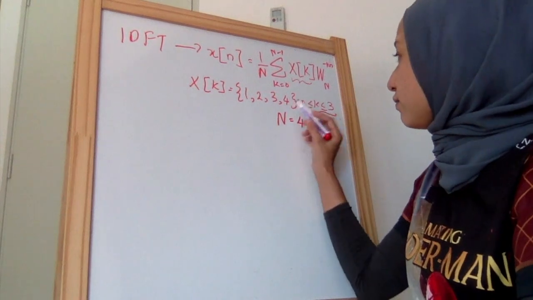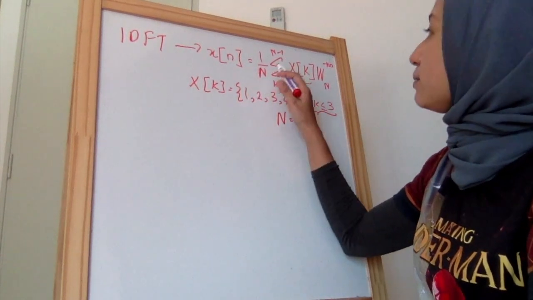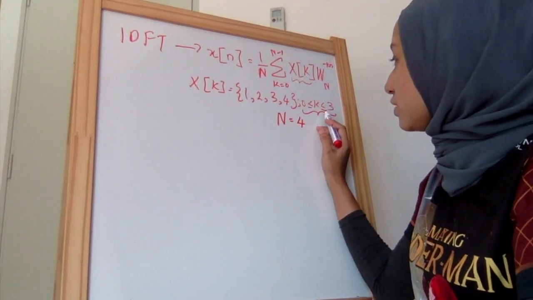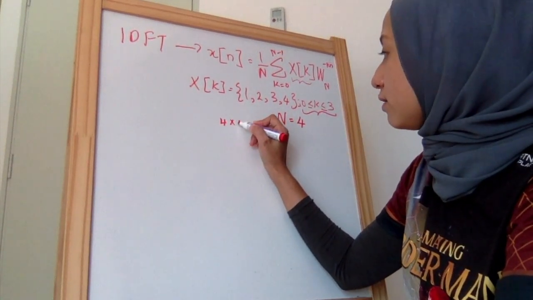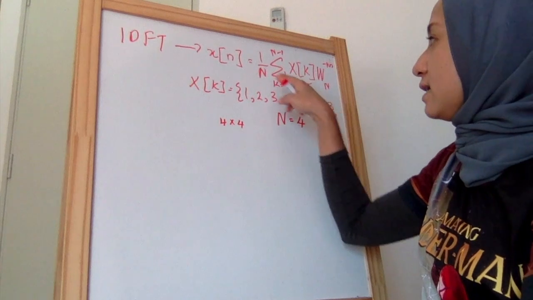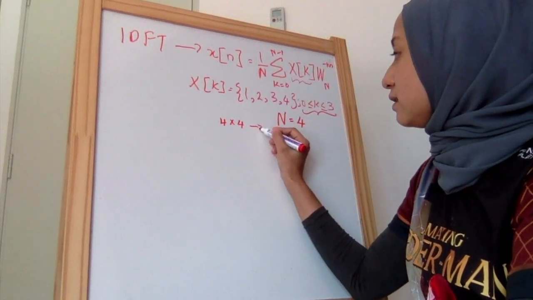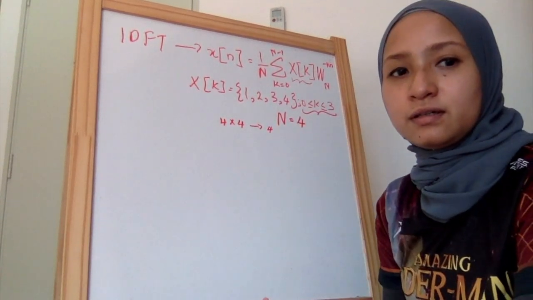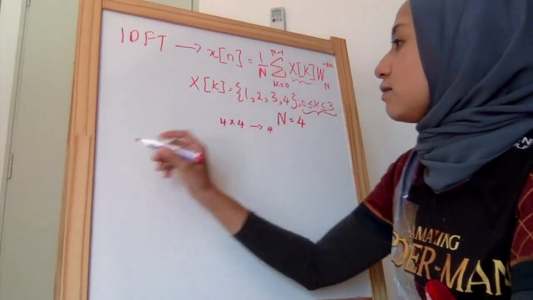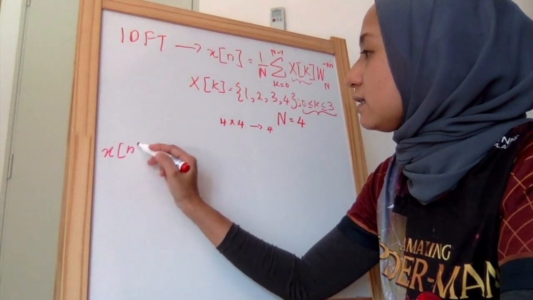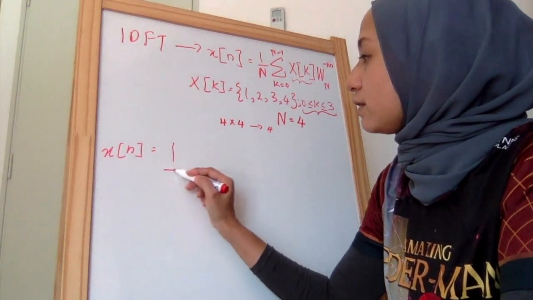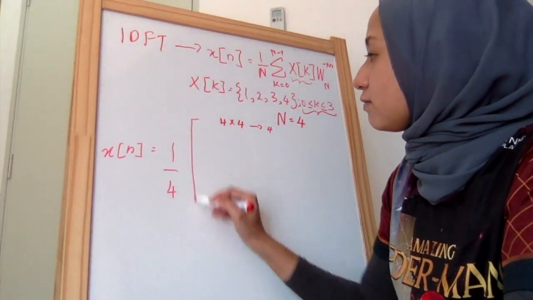Okay, so from this sequence, you may know your matrix dimension. Your matrix dimension is 4 by 4. Next, your capital N is 4. Now for your matrix dimension, we have Xn and then you have 1 over 4 outside of your matrix.